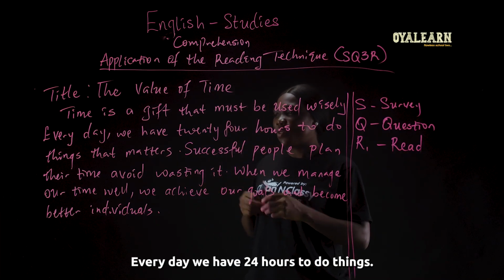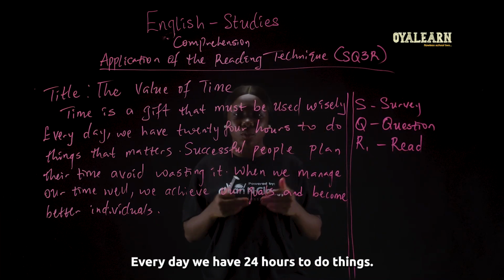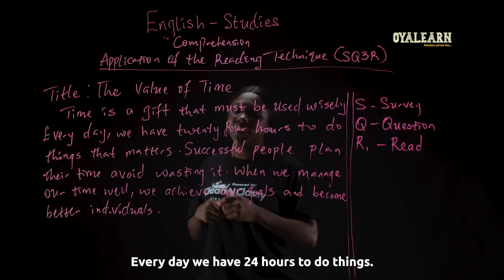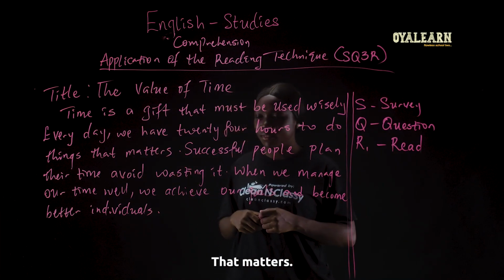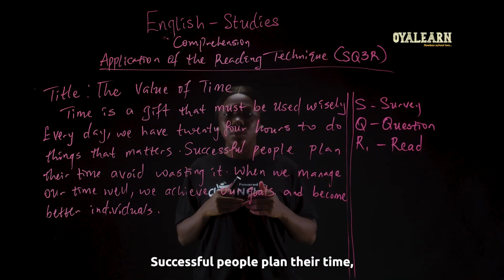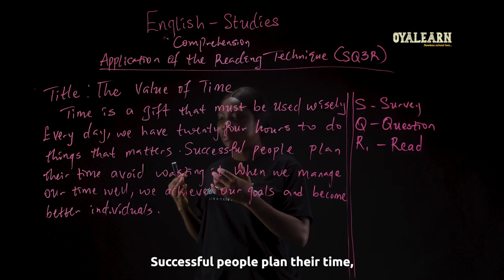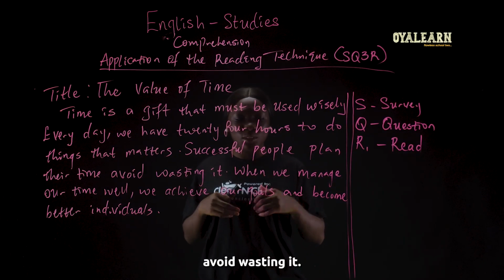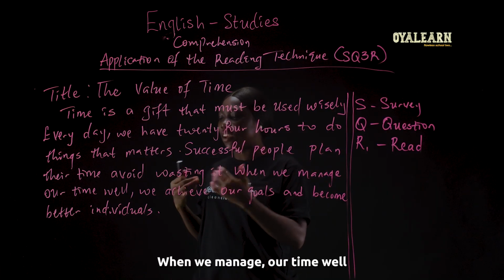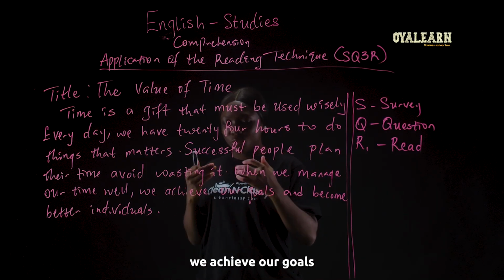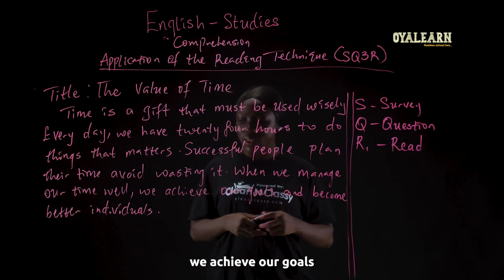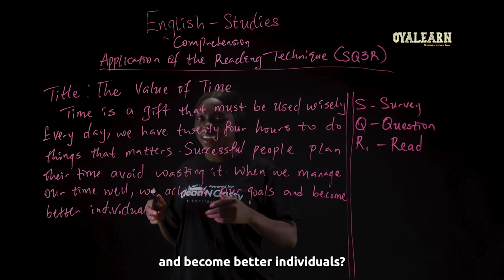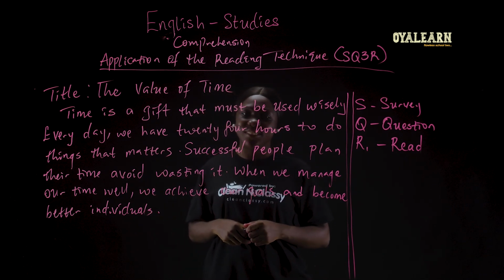Every day, we have 24 hours to do things that matter. Successful people plan their time. Avoid wasting it. When we manage our time well, we achieve our goals and become better individuals.